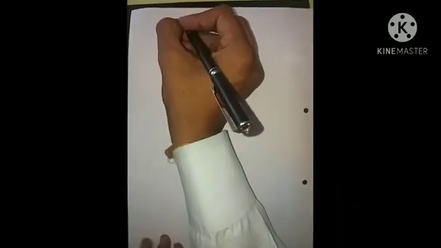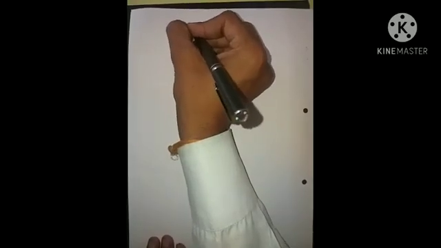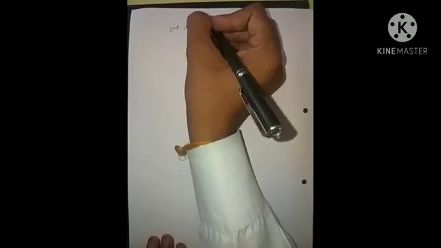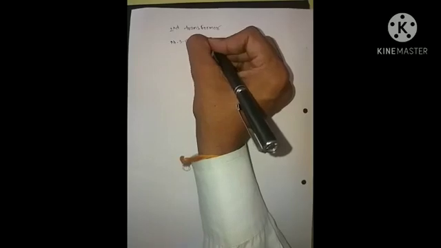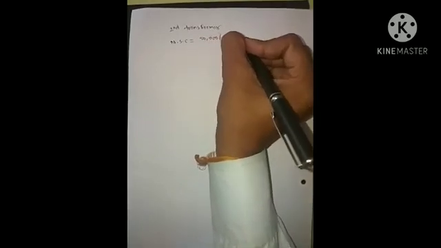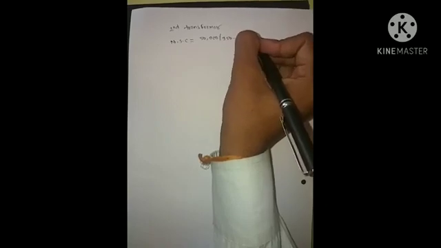For the second transformer, the normal secondary current equals 50,000 divided by 950, which is 52.63 ampere.